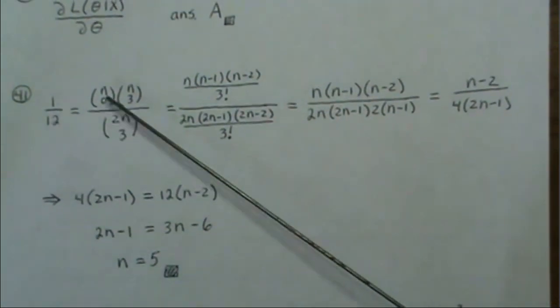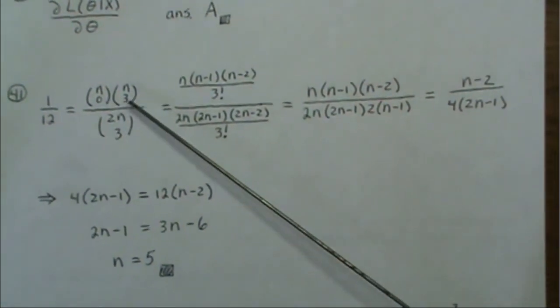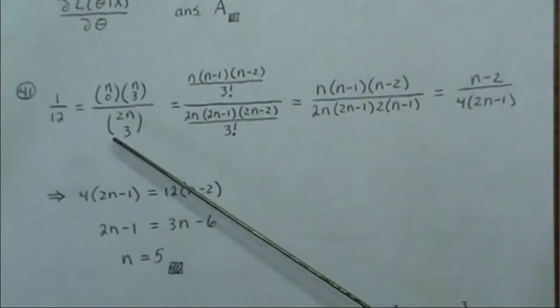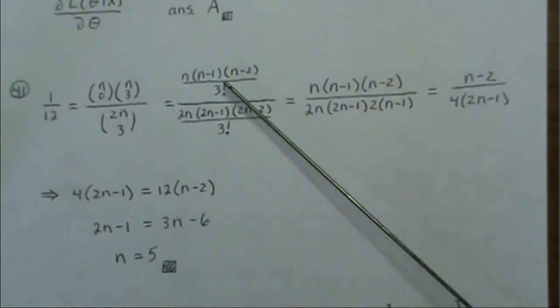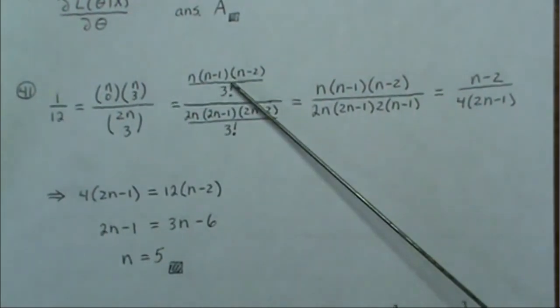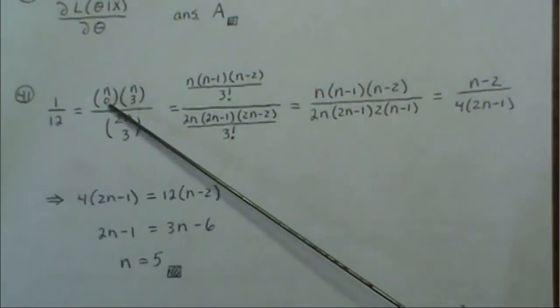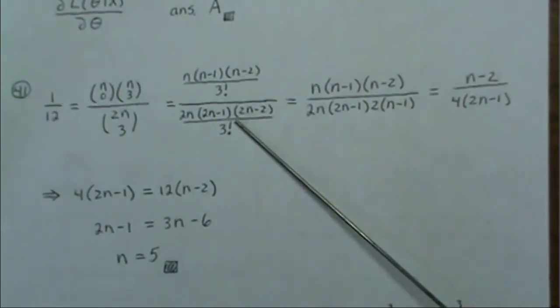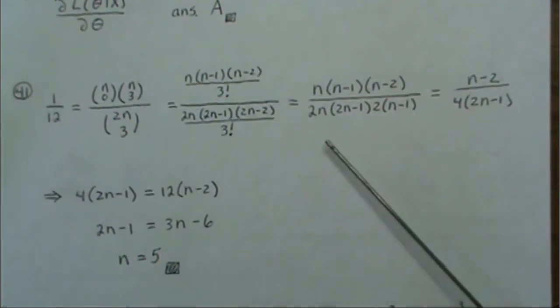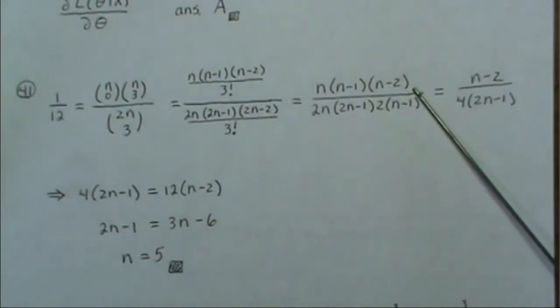So that's we choose 0 black and 3 white, and then the total number of ways is 2n choose 3, and then this simplifies. This top, n choose 0 is 1, so we only deal with this, and that simplifies to this. The 3 factorials cancel, and then we have the numerator.